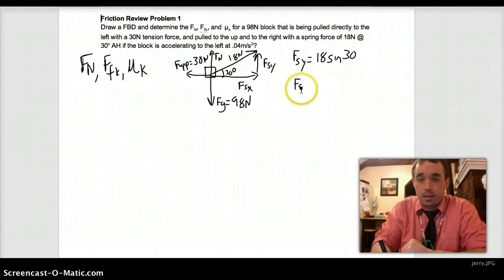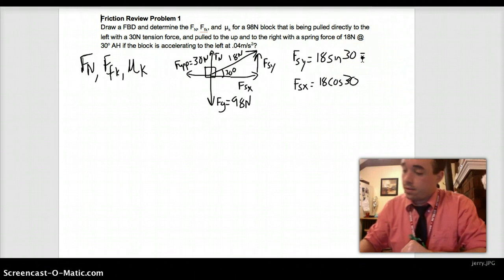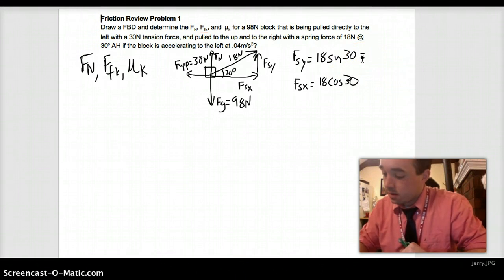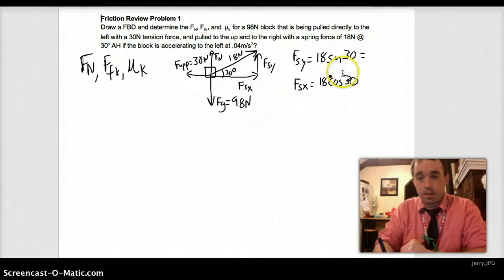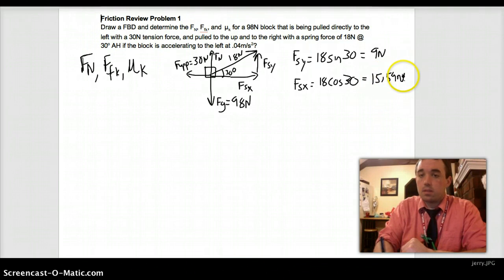And our Fsx is 18 cosine 30. 18 sine 30 is 9, and 18 cosine 30 is 15.59. So 9 newtons and 15.59 newtons.